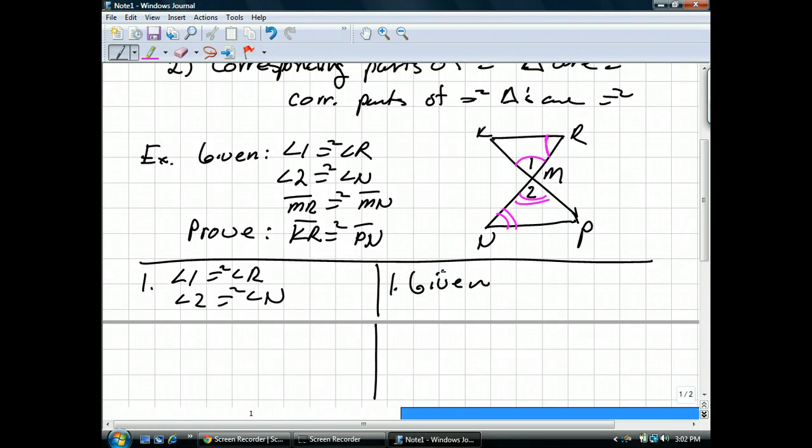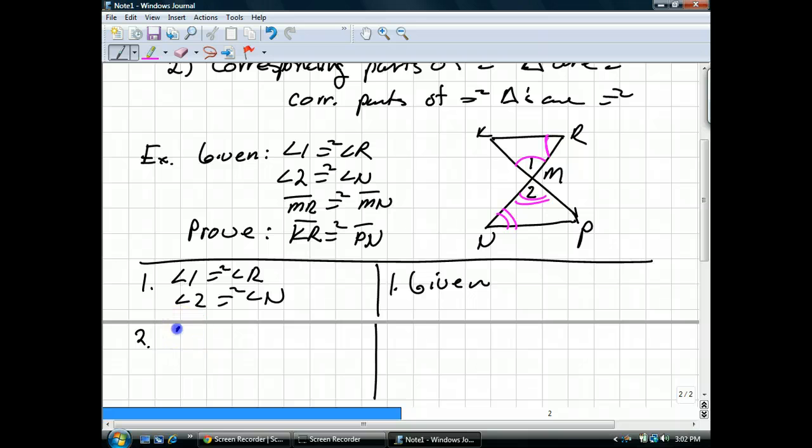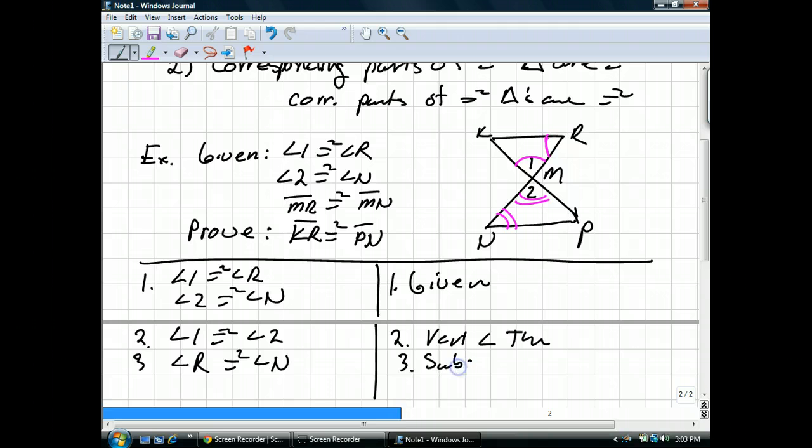But in our picture, what do we know about angle 1 and angle 2? What has to be true about angle 1 and angle 2? Well, angle 1 must be congruent to angle 2 by vertical angle theorem. So then I can say angle R is congruent to angle N by substitution.